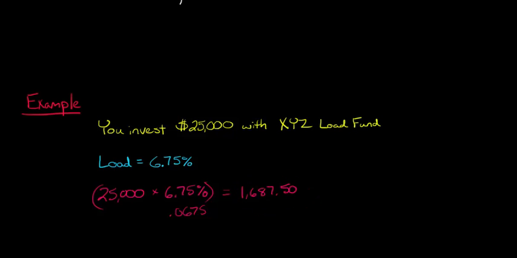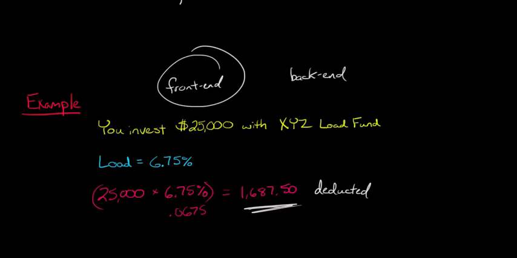Now you say, well, what does this matter? Well, that's the amount that is going to be deducted from your investment right off the bat, because I should have said, we're talking about a front-end load. There's also a back-end load, which is deducted when you decide you want your money back and you no longer want to be invested in the fund. But a front-end load is basically upfront.